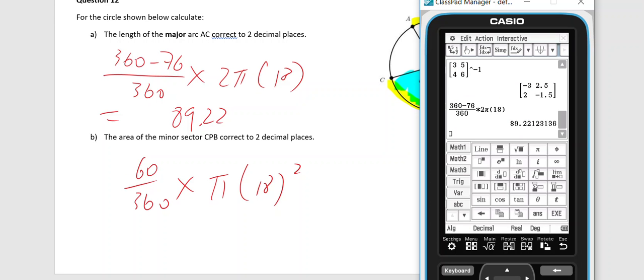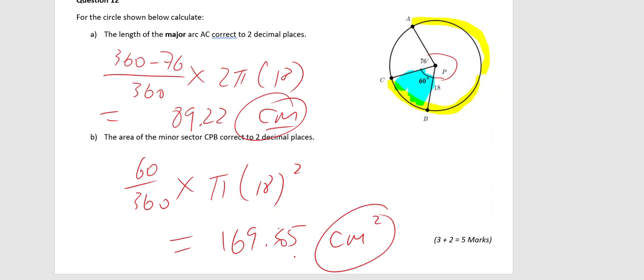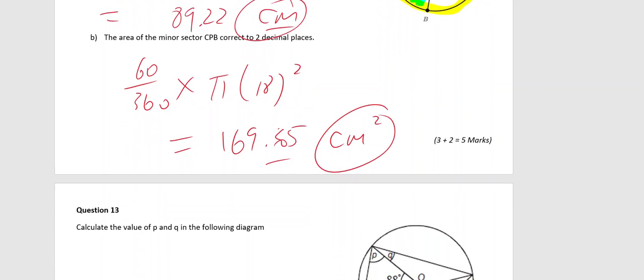So go 60 divided by 360, pi, 18 squared. 169.65. And if it's in centimeters, let's assume centimeters, this will be centimeters squared. I'm just putting units so that you understand how to use units. And make sure you round properly, because you don't want to get deducted a mark for not knowing how to round.